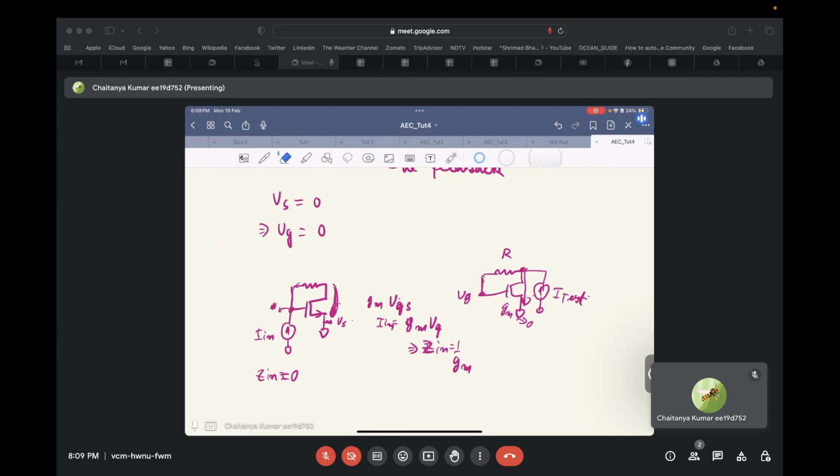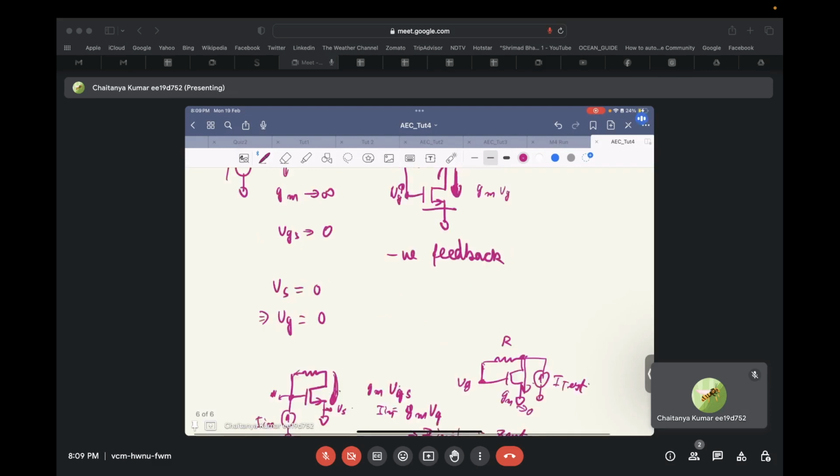With the same logic, we can get the output resistance of the circuit. So we see that both input and output impedance are equal to 1 by Gm. And if the Gm of the circuit tends to infinity, both the input and output impedance become zero.